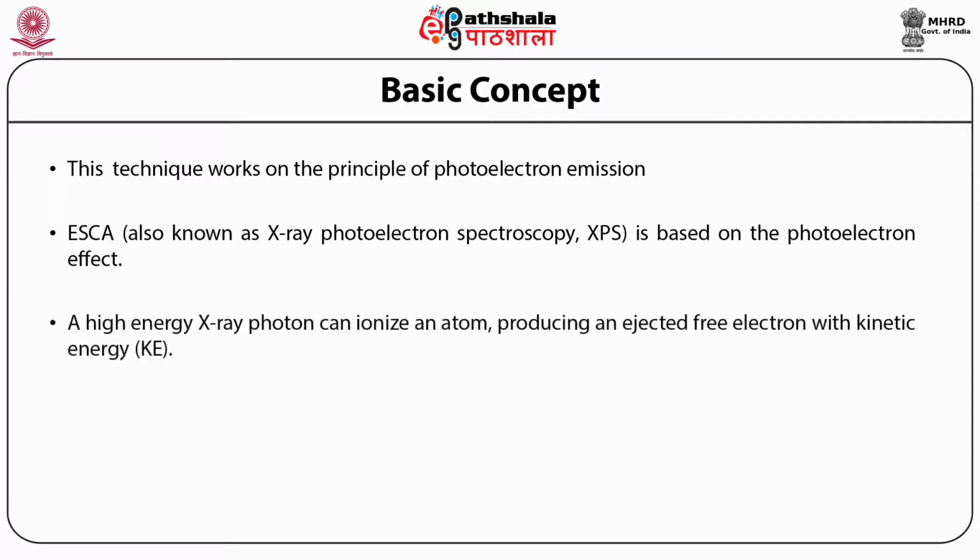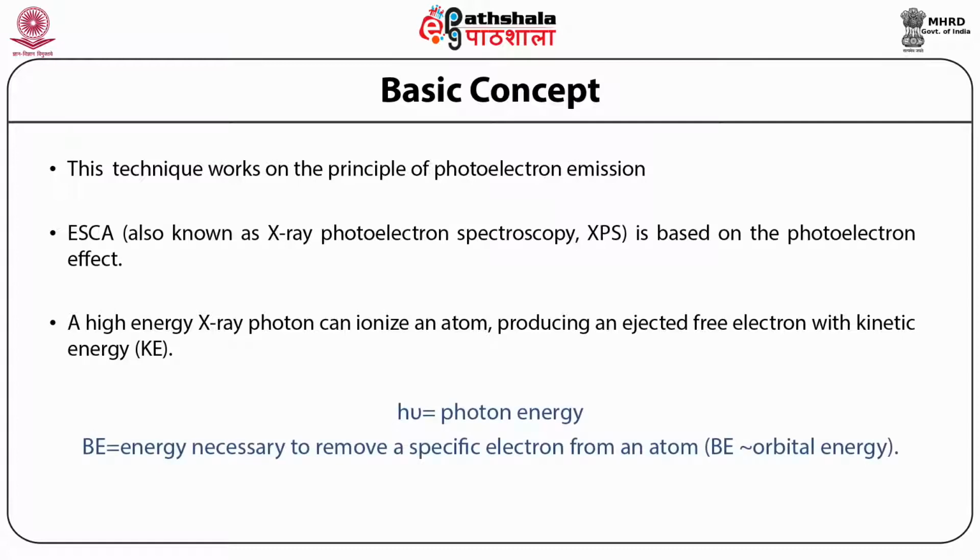A high-energy X-ray photon can ionize an atom, producing an ejected free electron with some kinetic energy. This kinetic energy is given by h nu, which is the energy of the photon, minus BE, the binding energy necessary to remove a specific electron from an atom.